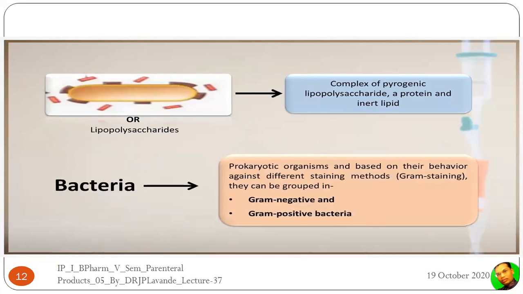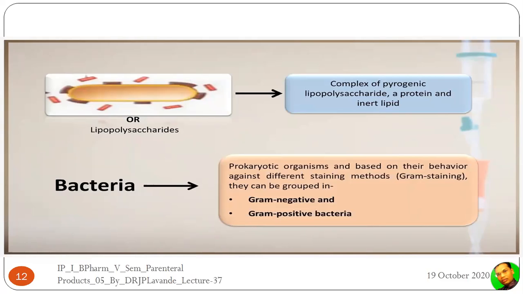Now, basically, if we see what the pyrogens are, these are lipopolysaccharides. These are the complex of pyrogenic lipopolysaccharide. It is a protein product and it is present in the case of the lipids.